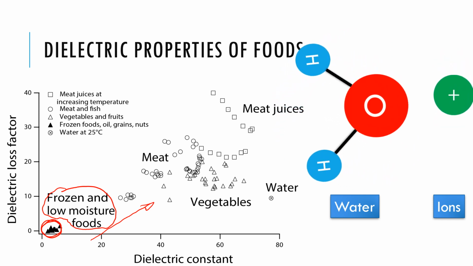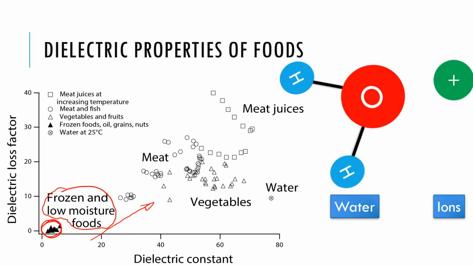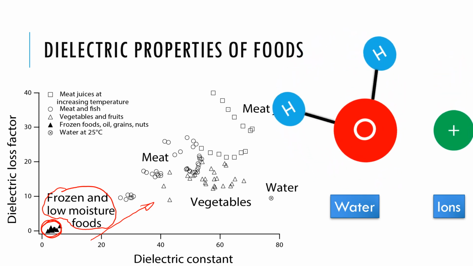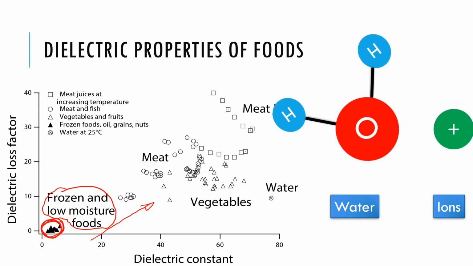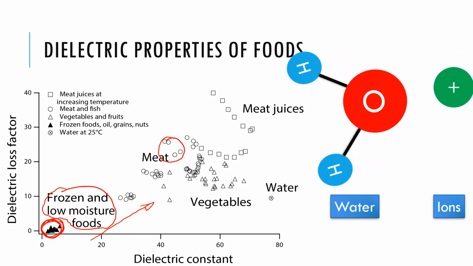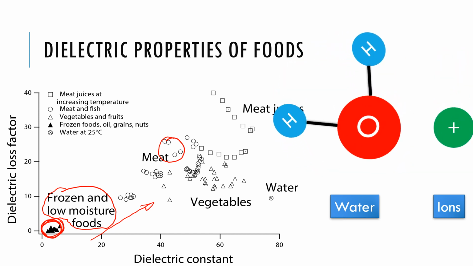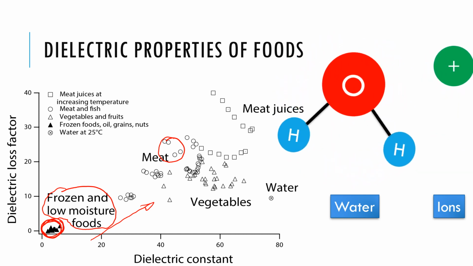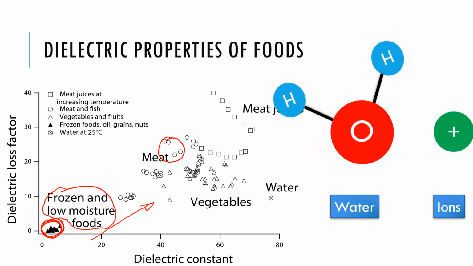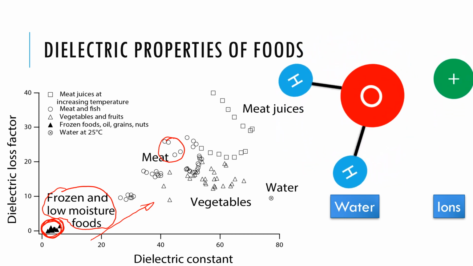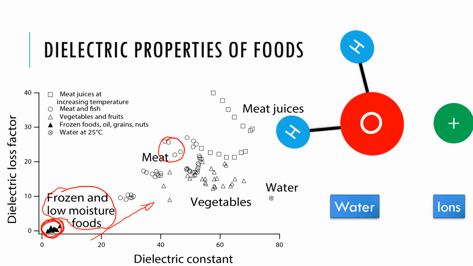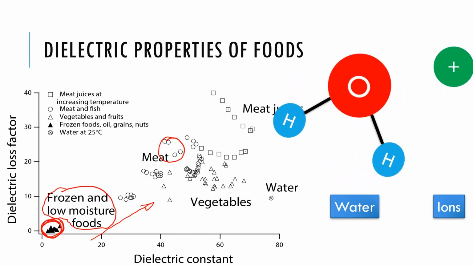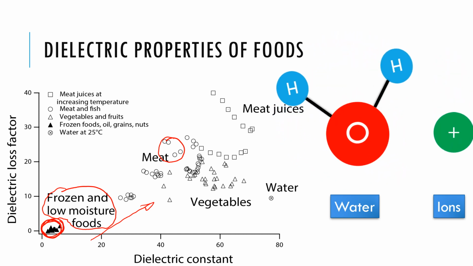It is important to know that while this picture gives us some idea how, let's say, frozen meat would heat versus unfrozen meat, it only gives a partial picture. It does not give a comprehensive picture. Just knowing these properties does not tell us how a material will heat, unfortunately.